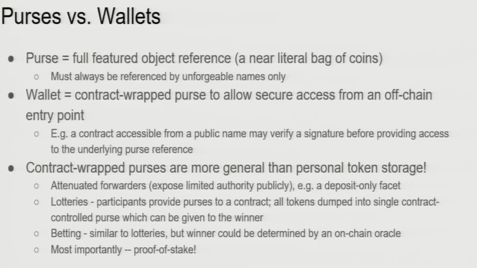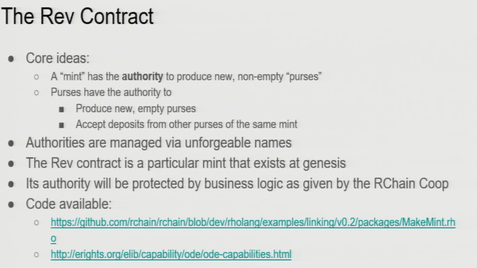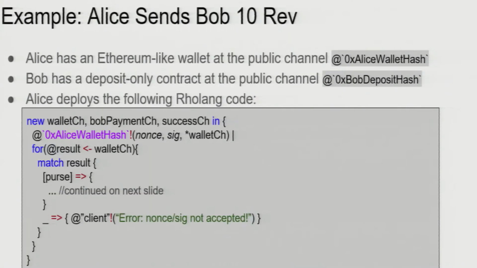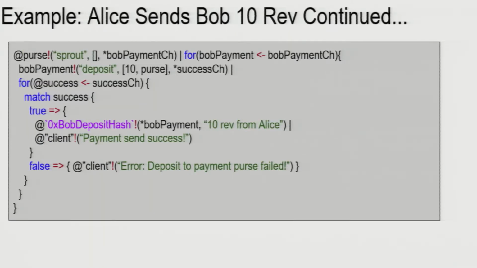Where's the storage actually getting updated of the balances? So that happens in the purse itself. If you look at makemint.rho, that GitHub link there, the purse has a bunch of code that handles the balance change. If you look at line 2 on this slide, this deposit method is taking 10 tokens from purse, the second argument in the list, and dropping it into Bob payment.